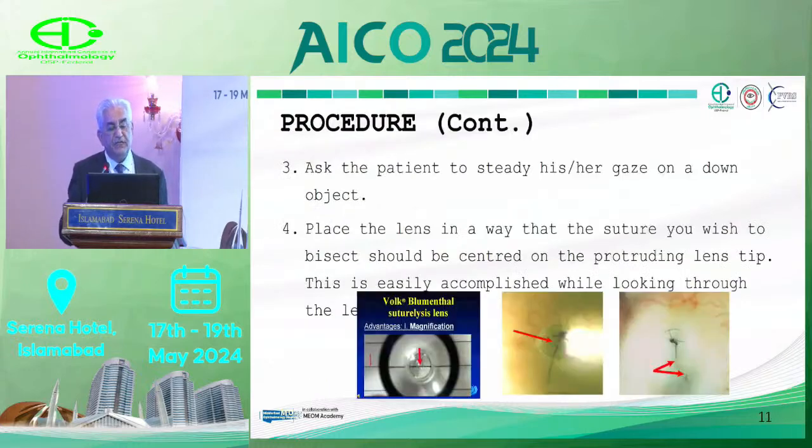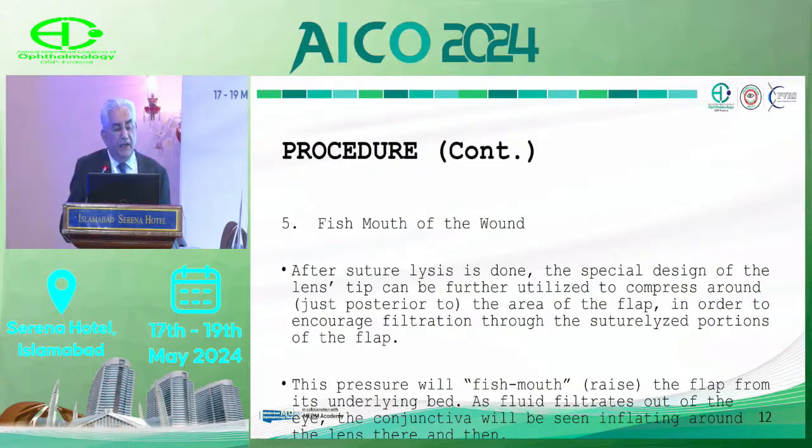Ask the patient to steady their gaze on an object below. Place the lens in a way that the suture you wish to cut is centered on the protruding lens tip. This is easily accomplished while looking through the lens. Fish mouthing of the wound can happen after suture lysis is done.